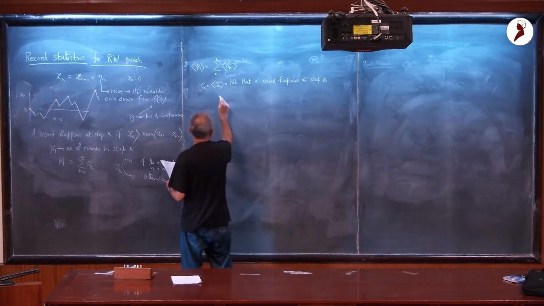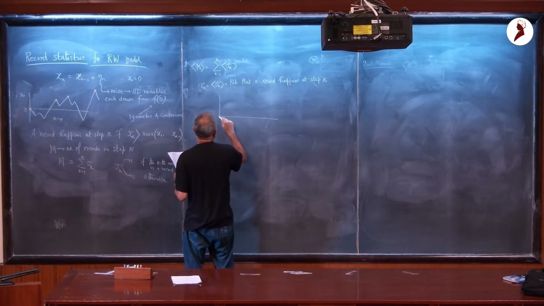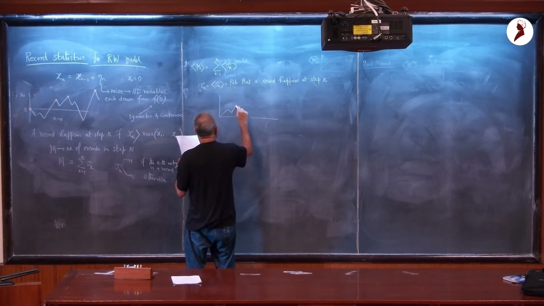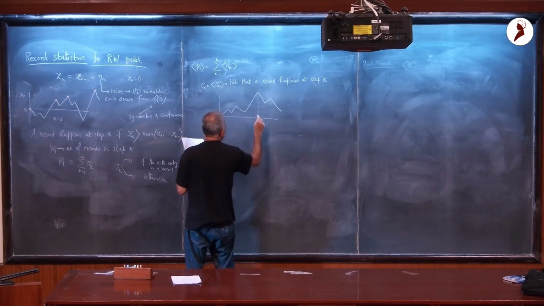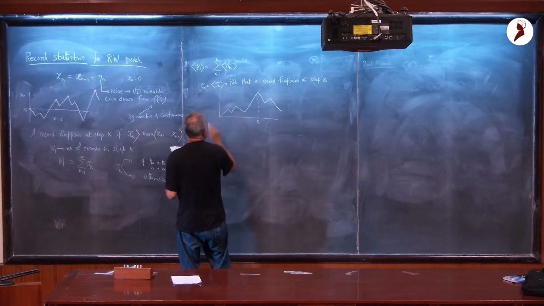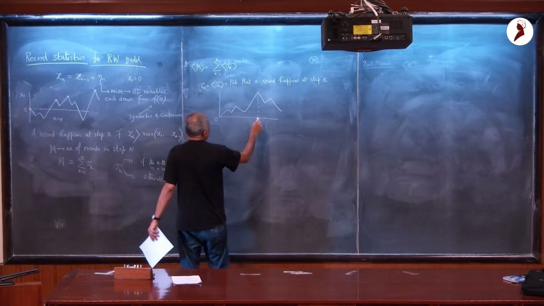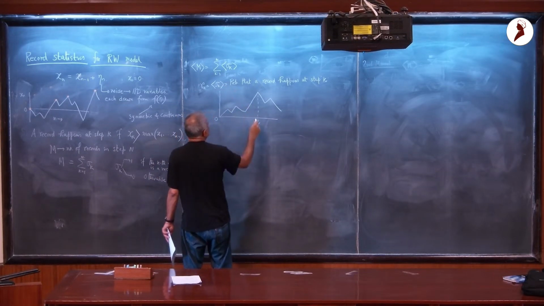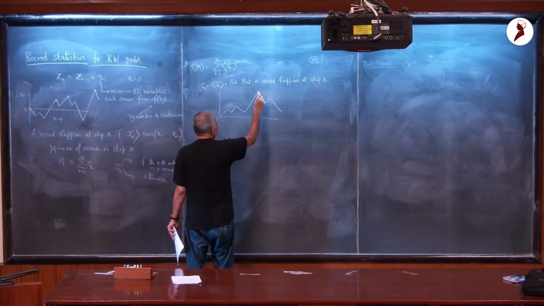Okay, so let's look at it. What is this object in terms of the trajectory? So suppose my trajectory is something like this. I started at the origin, and a record occurs, and I want to find the probability that a record occurs at step k. So suppose that such a record occurs with record value r.